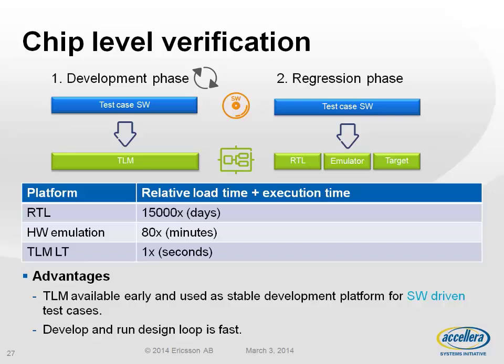You see the TRM model is like 80 times faster than hardware emulation and tens of thousands of times faster than the RTL simulation. And because it's fast, when you develop the test case, the develop and runtime loop is really fast, so they can produce software very efficiently.